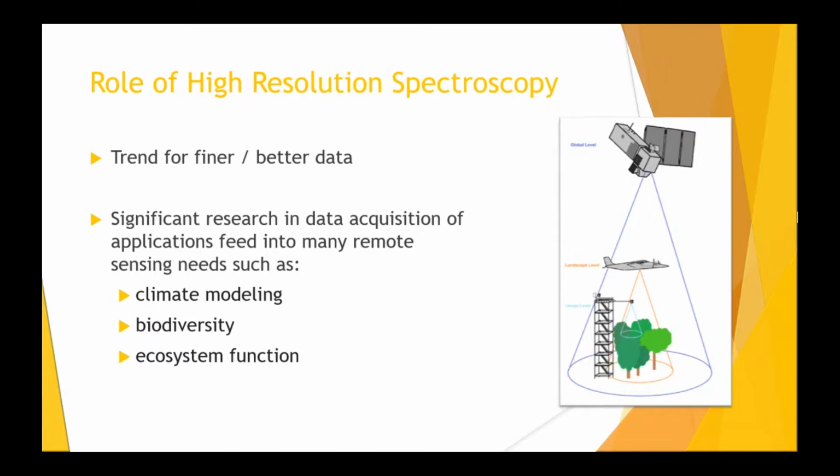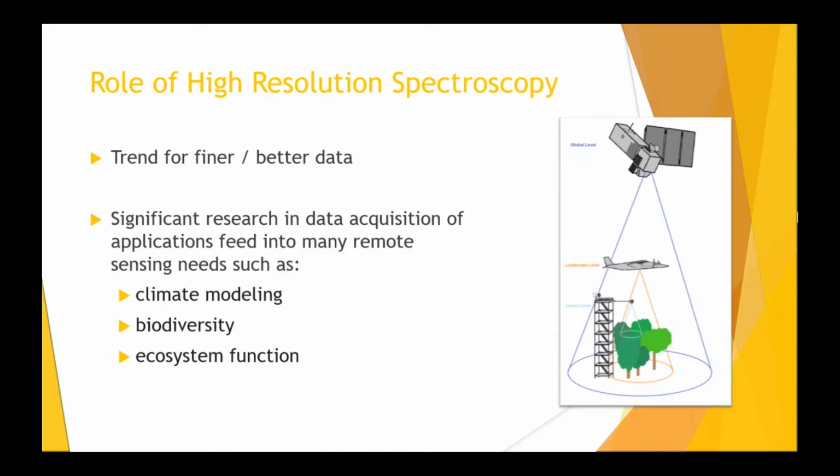So what is the role of high resolution spectroscopy these days? Essentially, modern remote sensing technology is developing so rapidly, and there's a trend for finer or better data sets. These technologies involve multiple platforms, multiple angles, multiple types of sensors, as well as multiple spectral resolutions.